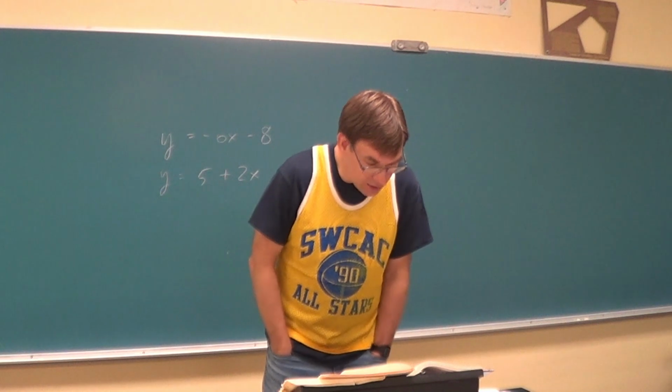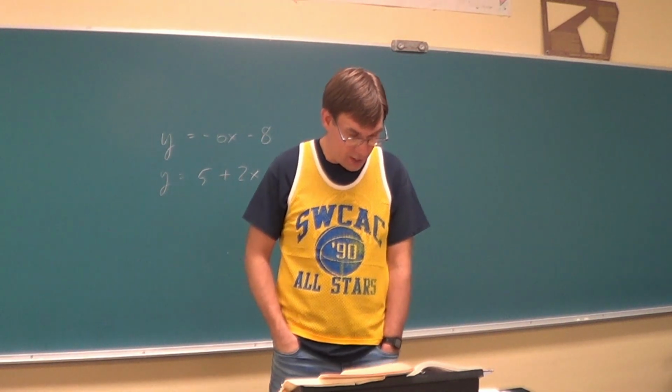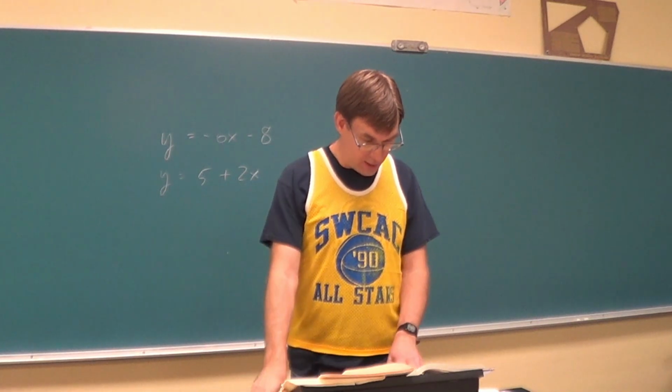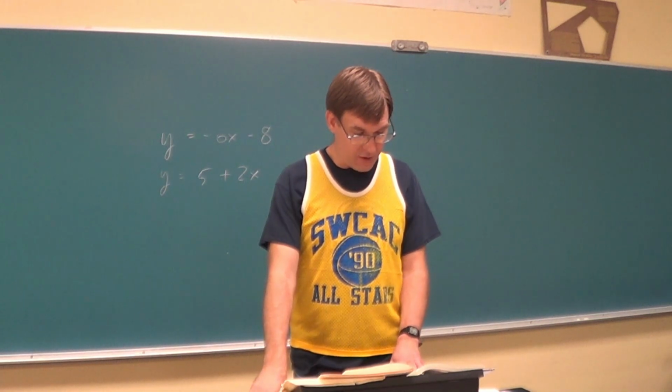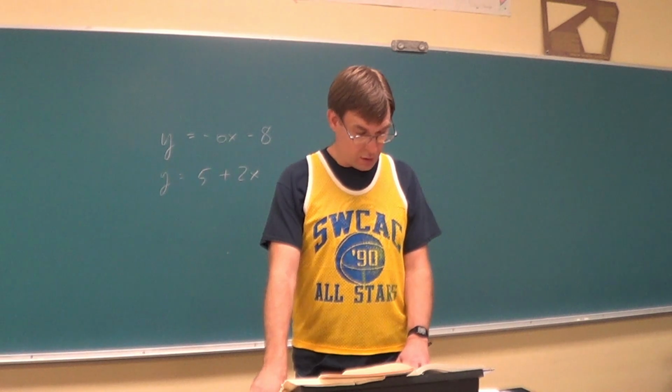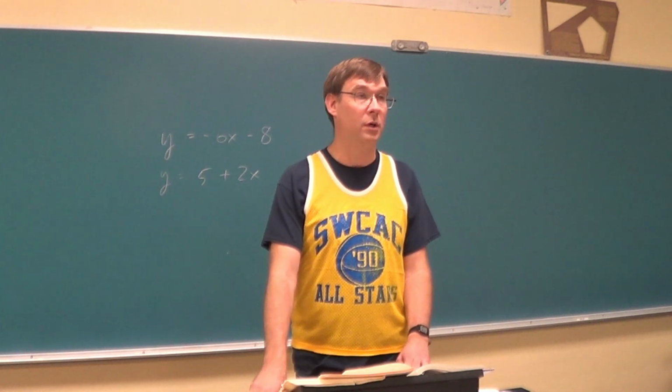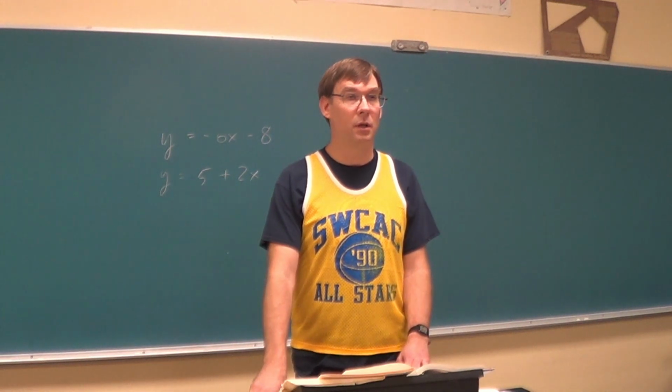On 6, the top one already is y equals. The bottom one, if you make it y equals, you'll have to divide by negative 3. So the 21 will get turned into who? Negative 7.